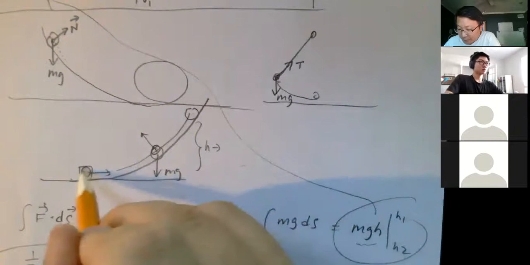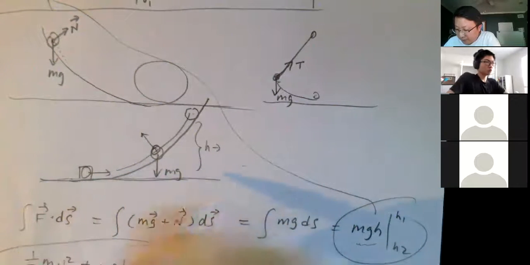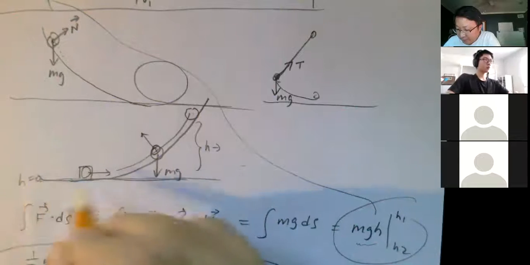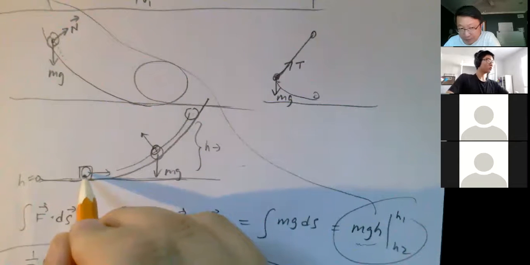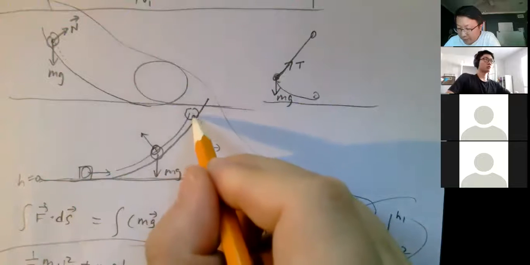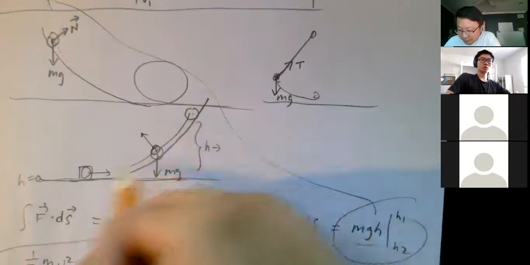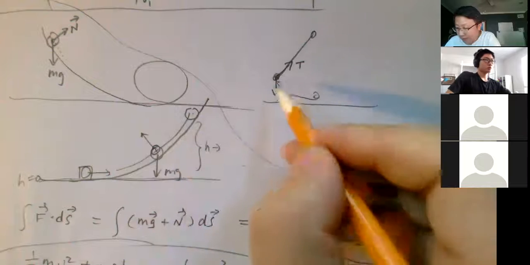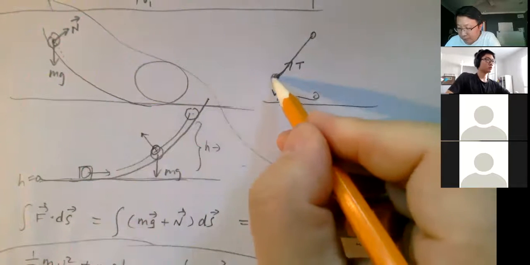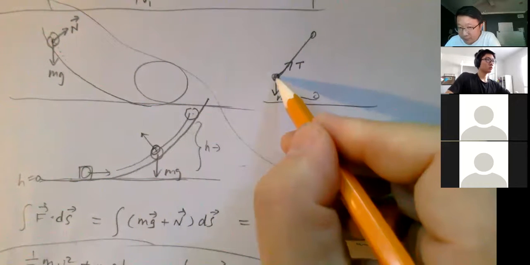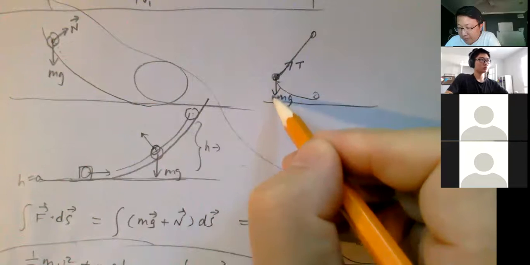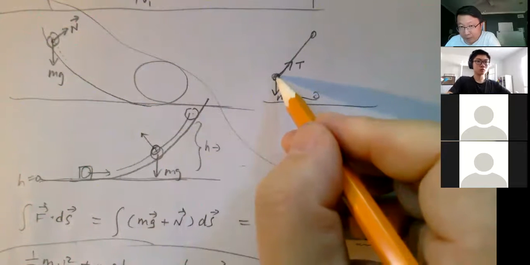If you define the bottom as height 0, the potential energy there is 0, however the kinetic energy is maximum, because at the top the kinetic energy is 0 and the potential energy is maximum. So you convert. That's energy conservation. Same thing here: when you raise the ball before we release, the potential energy is the highest and the kinetic energy is 0 because the velocity is 0.